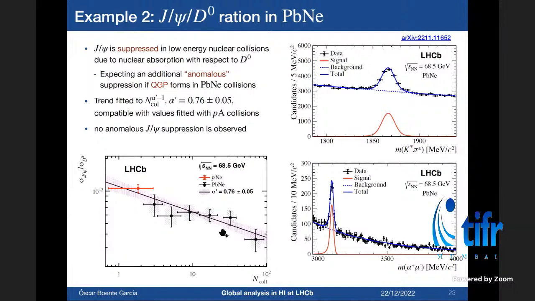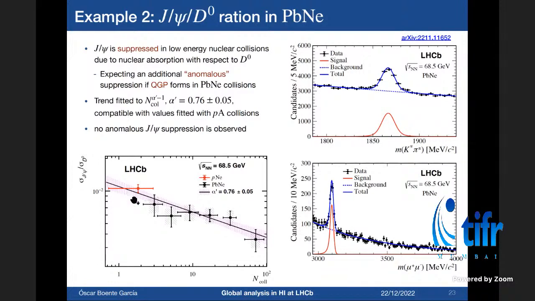Part of the suppression comes from nuclear absorption, which is basically that once the J/psi is formed, it interacts with the remnant of the nuclei. This effect doesn't appear at the LHC because the energy is just too large, but it is here because the energy is lower, and also it was at SPS energies.